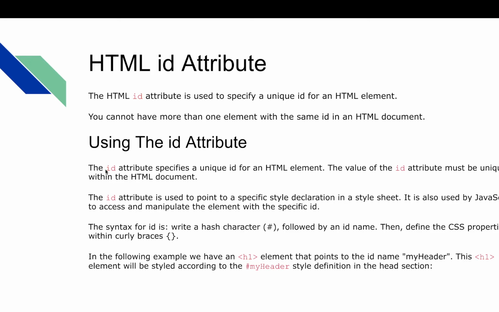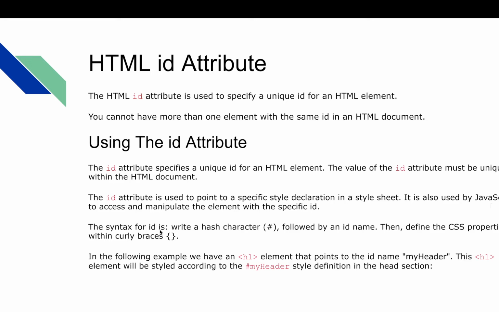The ID value of the ID attribute must be unique within the HTML document. The ID attribute is used to point to a specific style declaration in the style sheet. It is also used by JavaScript to access and manipulate the element with a specific ID.